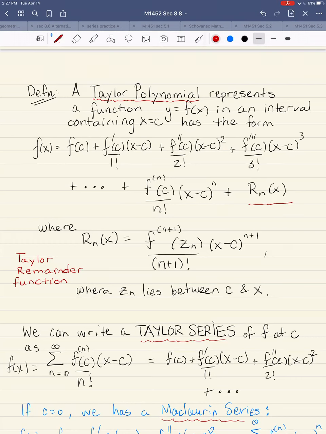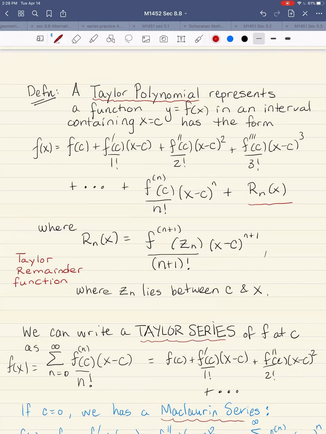Zn is some number between c and x. And based upon your needs for this polynomial, you can control the size of that remainder, or you keep building the polynomial until that remainder has the size specified for the needs of your application.